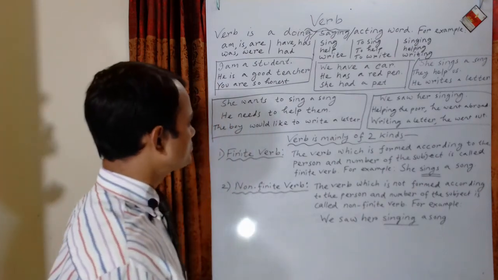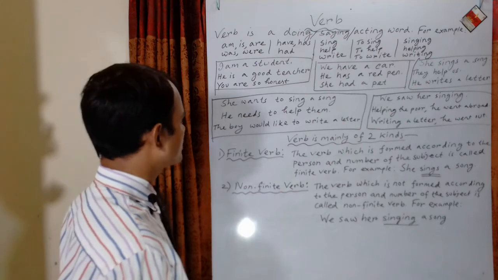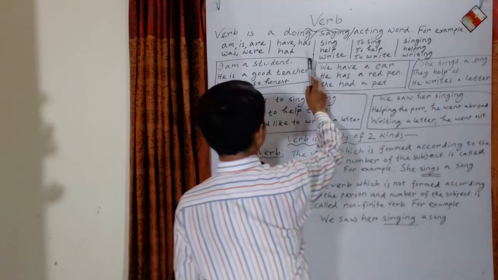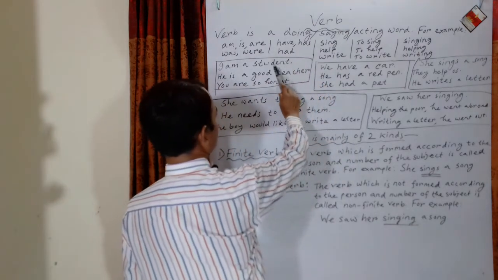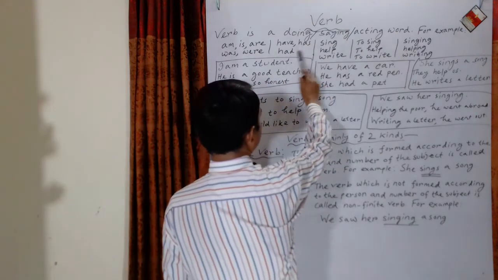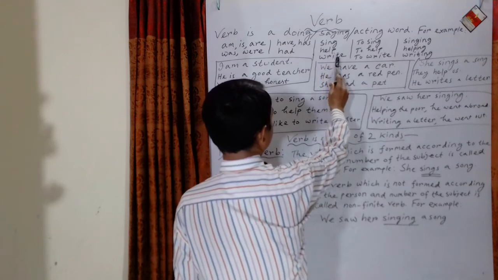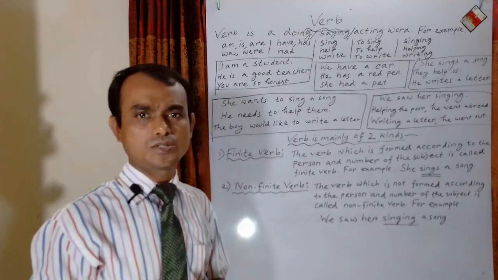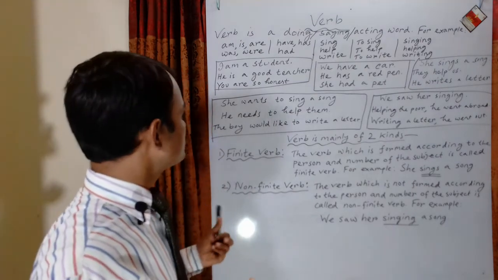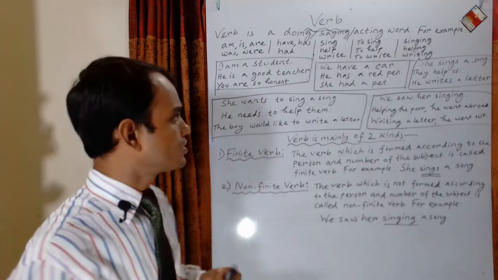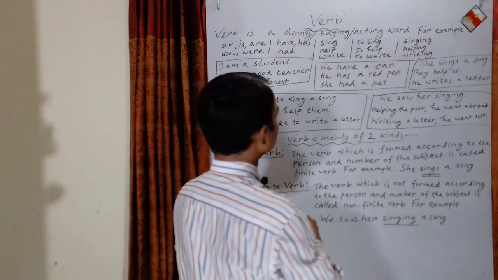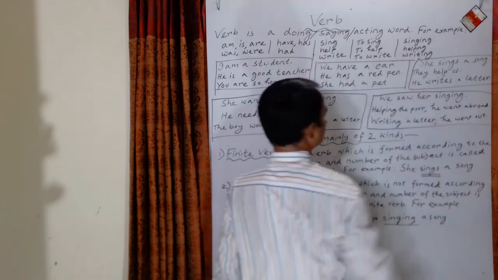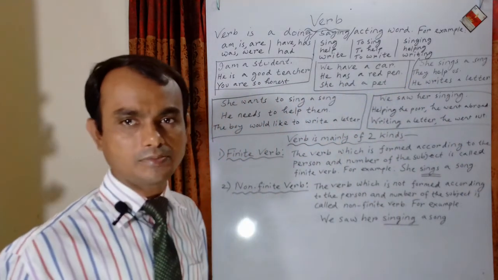Okay, we can also look at the back. All of these words, am, is, are, was, were, have, has, sing, help, write, all these words are finite verb. What are non-finite verbs? To sing, to help, to write, singing, helping, writing are non-finite verbs.